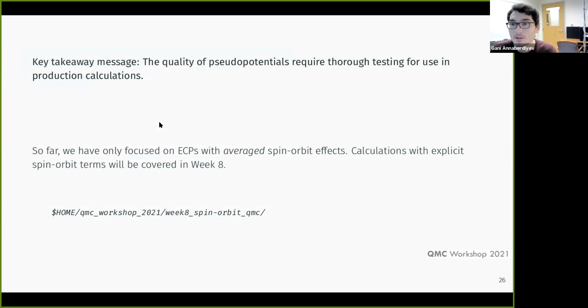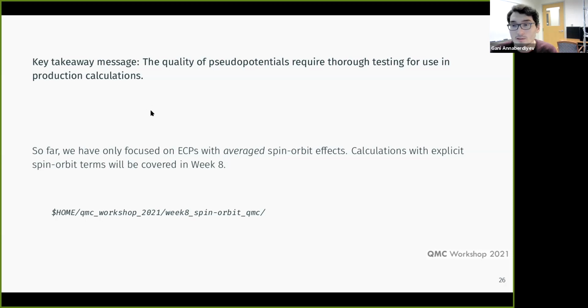So the key takeaway here is that the quality of pseudopotentials requires thorough testing before using them in production calculations. As we've discussed, using, say, a larger core can be good for efficiency purposes. However, you can also incur large errors if you do that.